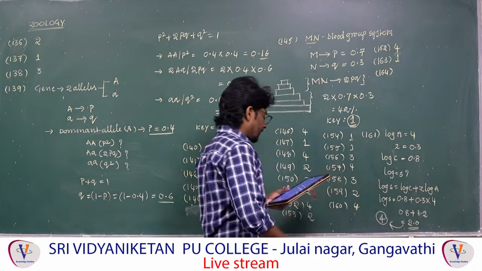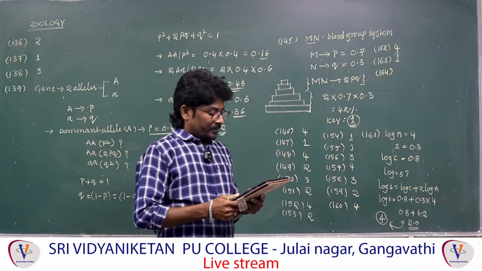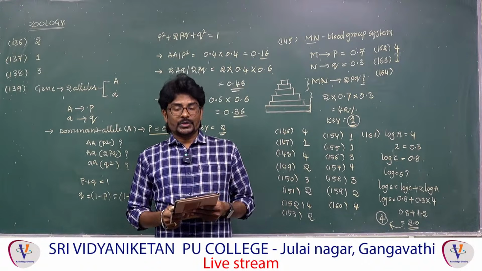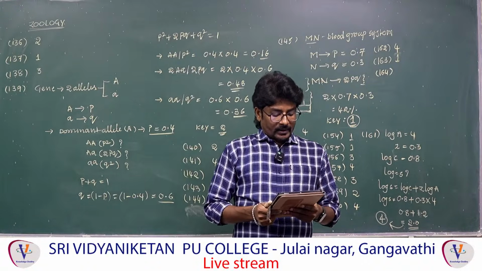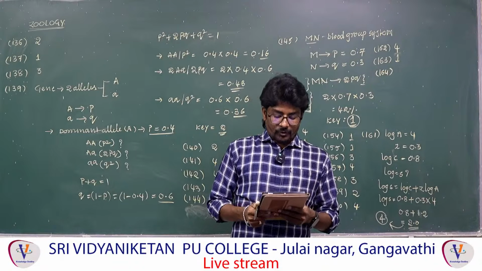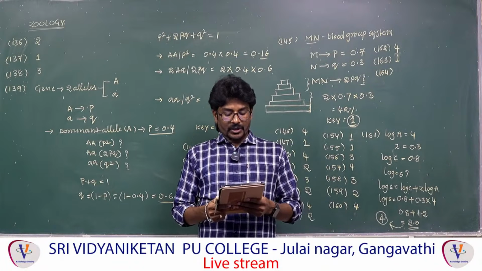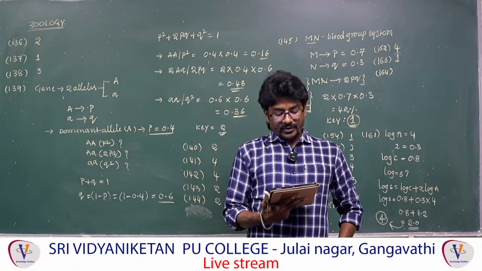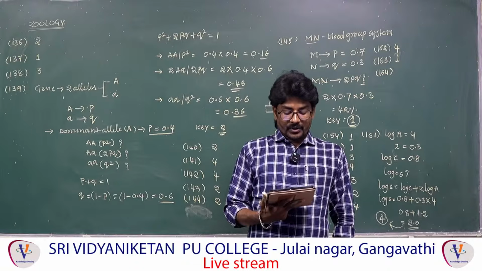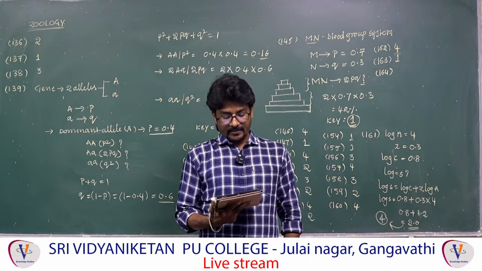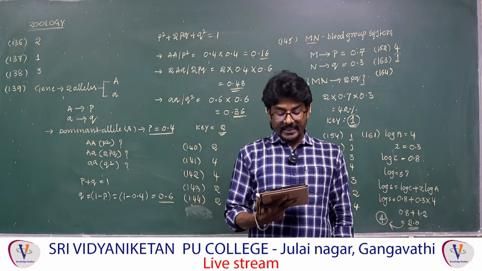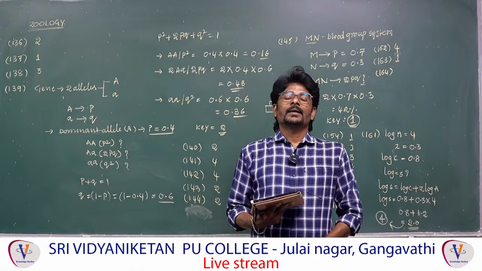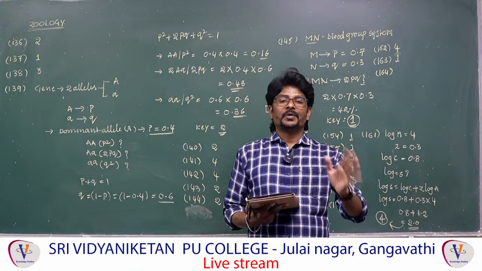Next, question number 164. You have to find out the true statement. 1. The IUCN Red List 2004 documents the extinction of 784 species, including 338 vertebrates, 359 invertebrate species, 87 plants in the last 500 years. This statement is absolutely correct.